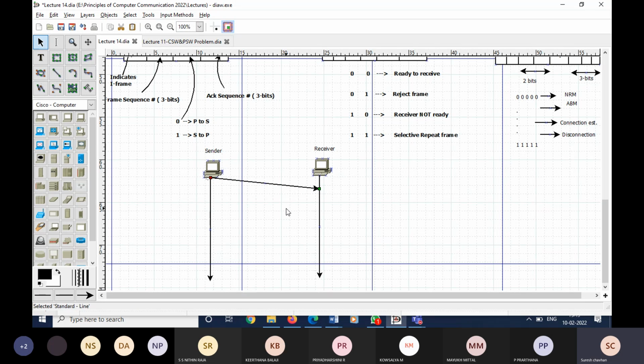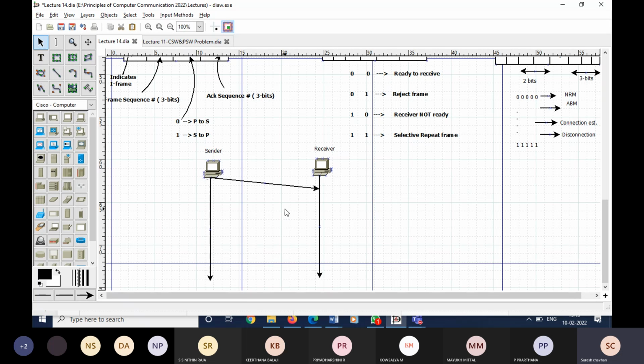can you tell me what will be the first frame? Can anyone tell? Students? We have three different frames, right? I frame, S frame, and the U frame. Suppose the sender wants to send data to the receiver.